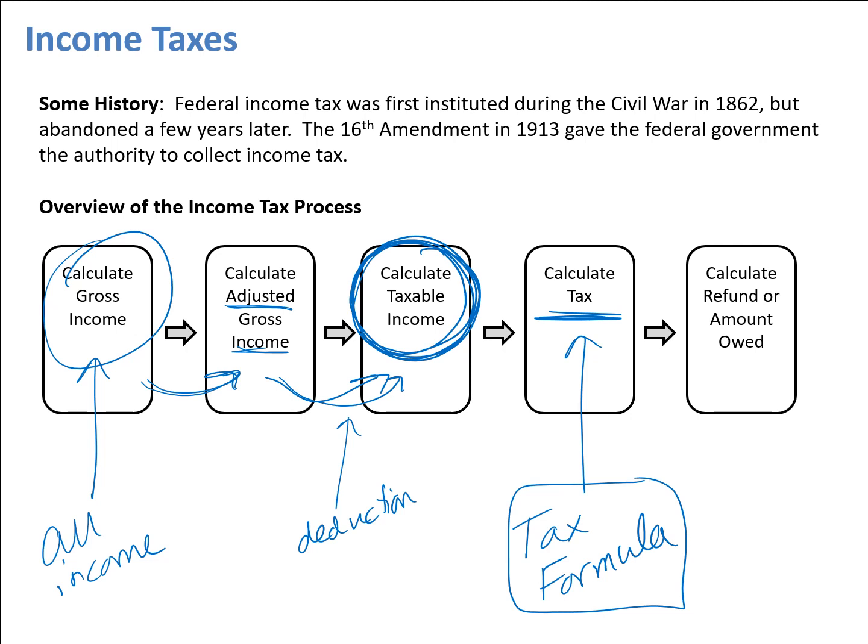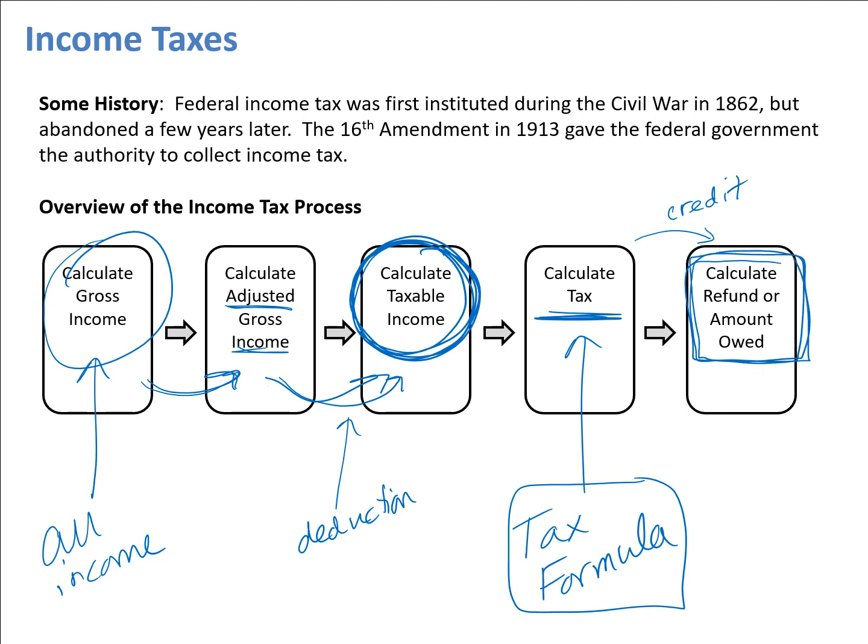Once you've done that, the federal government will allow you one more time where you can maybe make adjustments to how much tax you have to pay. These are often called credits. We can subtract any credits from the tax that we owe. Some people have multiple tax credits that they're allowed. Other people don't have any. It just depends on your situation. At that point, you're going to work out whether you still owe tax or you're allowed a refund.